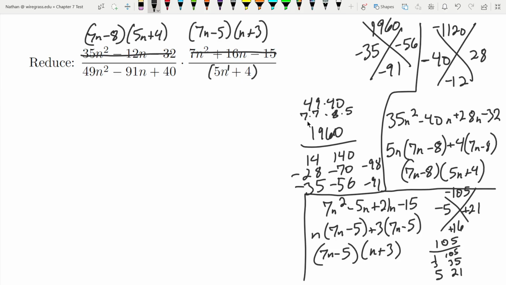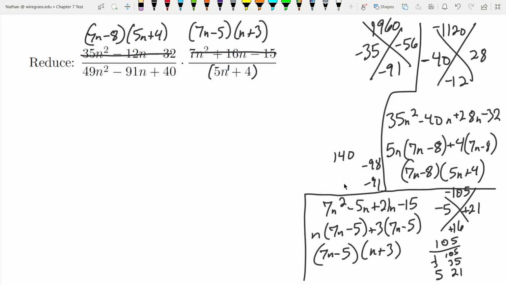All right. So let me make a little bit of room here. And let's do the AC method on this. So we're going to have 49n squared minus 35n minus 56n, and then plus 40. Now these two I can take out a 7n.